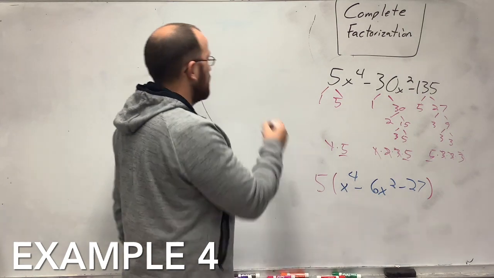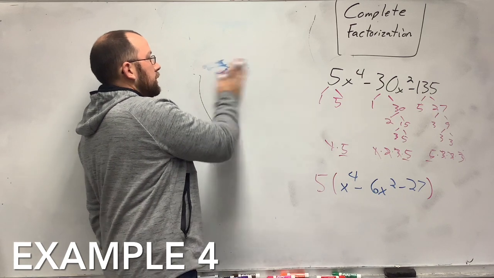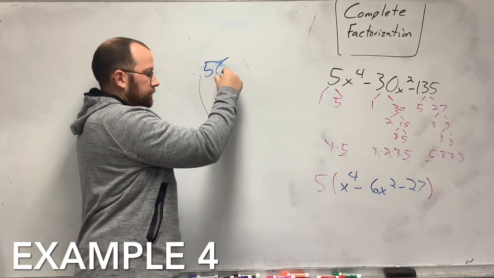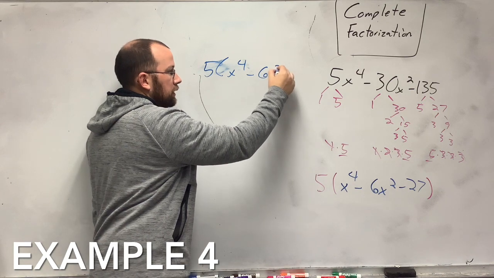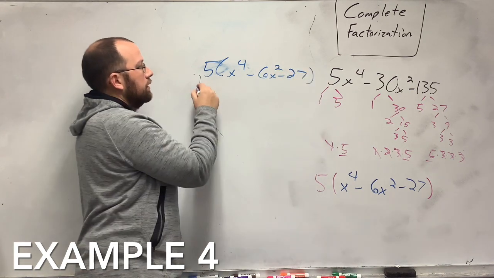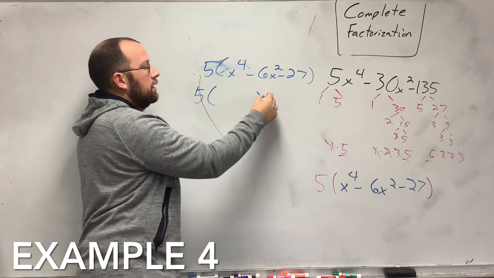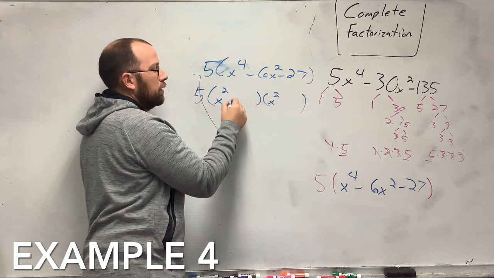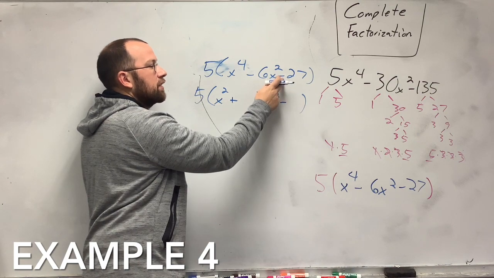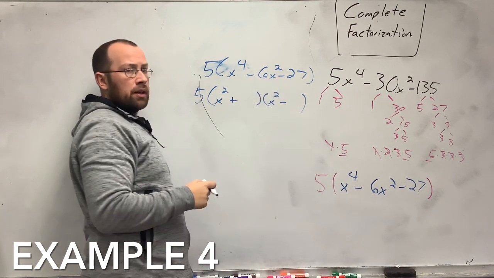Now we need to factor it out. So the 5 stays outside. Break it into two separate things, x squared and x squared. I know one's going to be positive and one's going to be negative because the back number is negative and the middle number is negative.